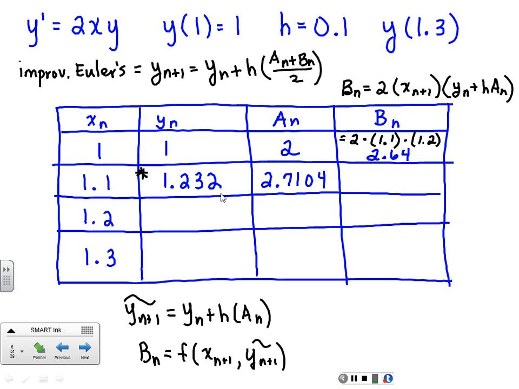Y sub n is 1.232 plus 0.1 times 2.7104 equals, times this x sub n plus 1, that's your next x, so 1.2 times 2. I got the same thing I got last time I did this problem. Anybody get an answer on that one?